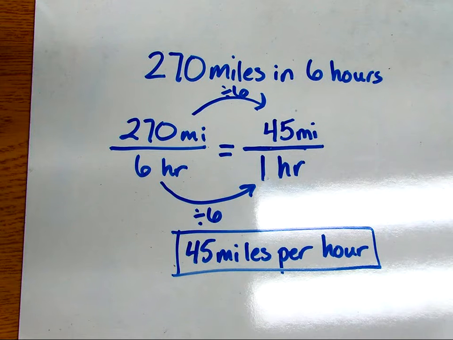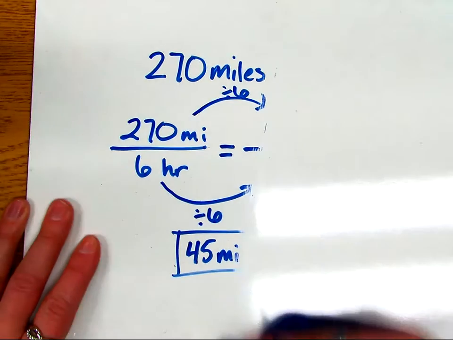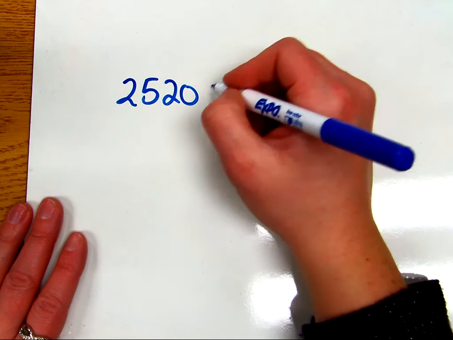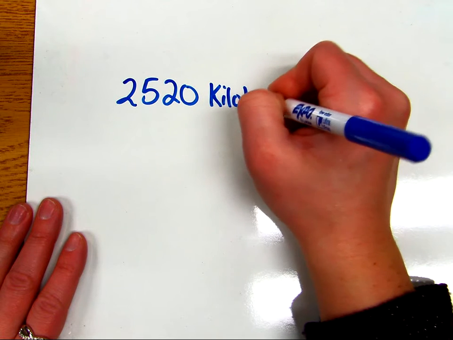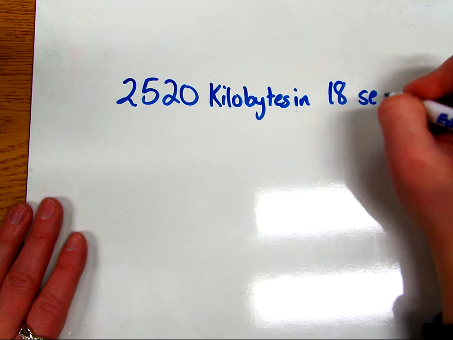Any questions? We're going to do one more together. Okay, so we should always be given a rate. I'm going to go a little bit bigger. 2,520 kilobytes in 18 seconds. Shorthand seconds there.